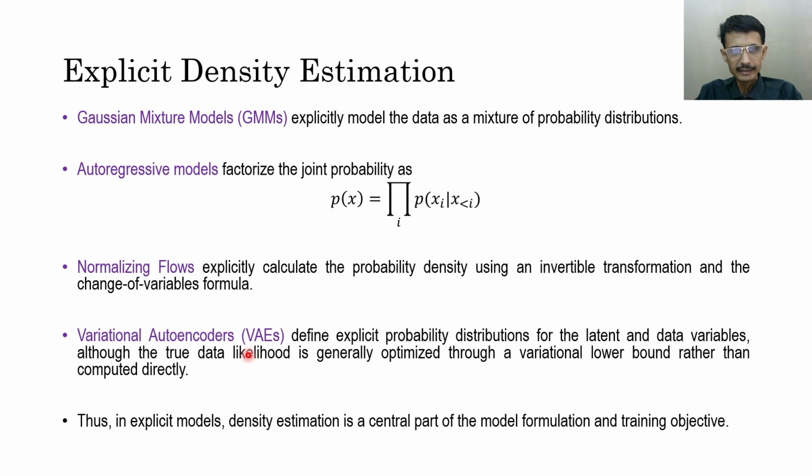And VAEs define an explicit probability distribution for the latent and data variables, although the true data likelihood is generally not computed directly; a variational lower bound is optimized instead. So this is the VAE concept. Thus, explicit density estimation is a central part of the model formulation and training objective. So this is called the explicit model, or explicit density estimation.